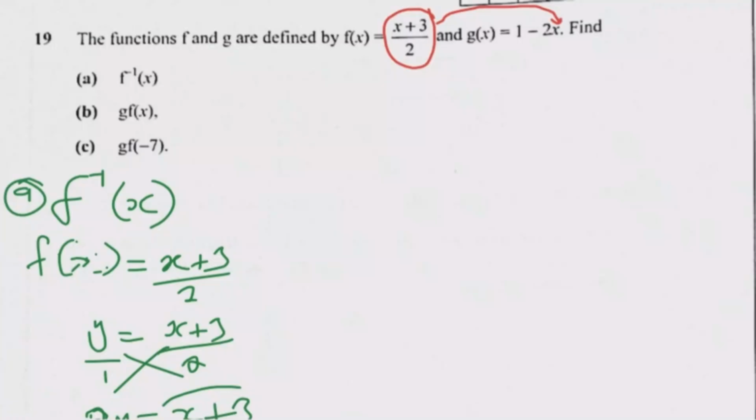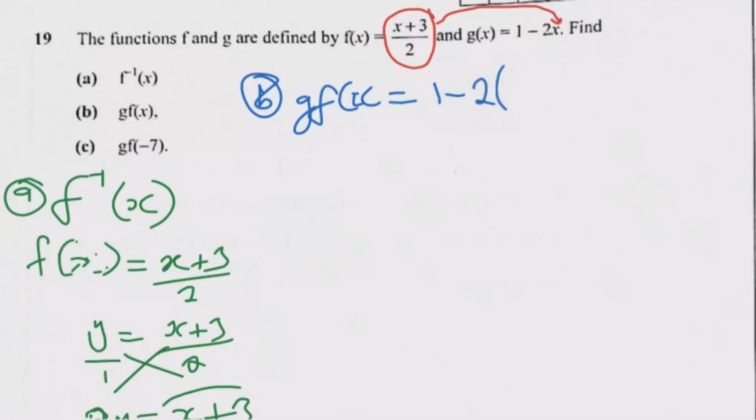So we have g. Let me just write b here. We have b here, which is g of f of x is equal to 1 minus 2. Now when we want to write x, we are going to write that variable.